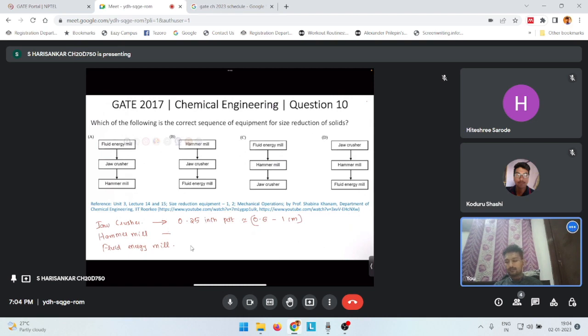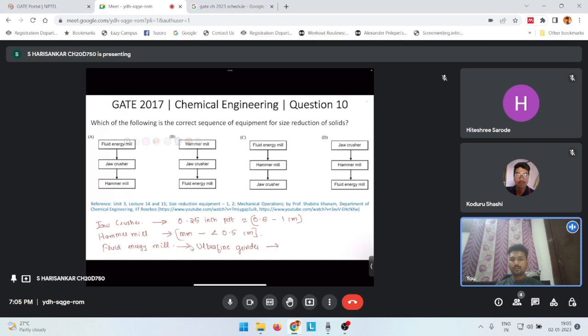On the other hand, hammer mill usually reduces your particle size in the range of millimeters to less than 0.5 centimeter. So this is the handling size range for a hammer mill. But on the other hand, fluid energy mill is a very ultra fine grinder.